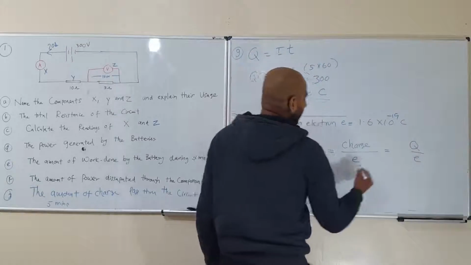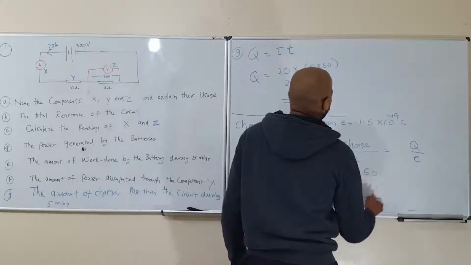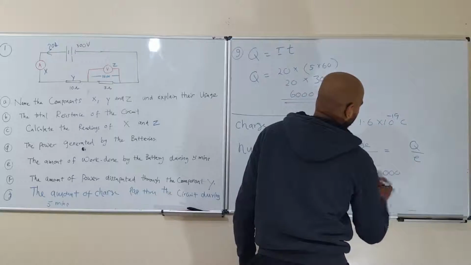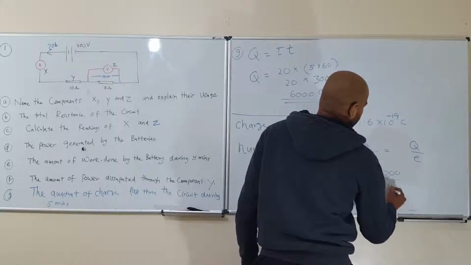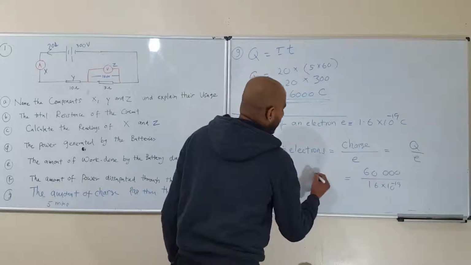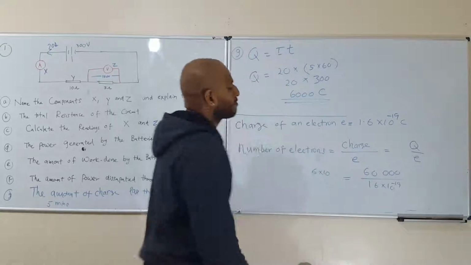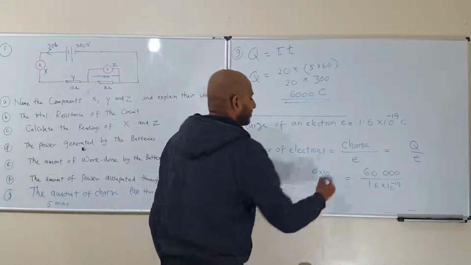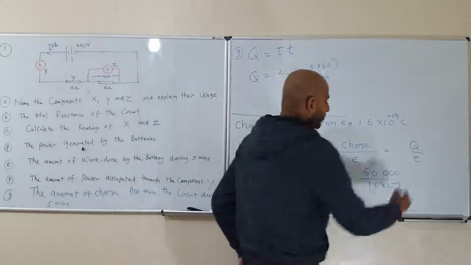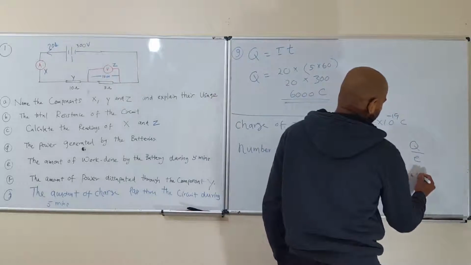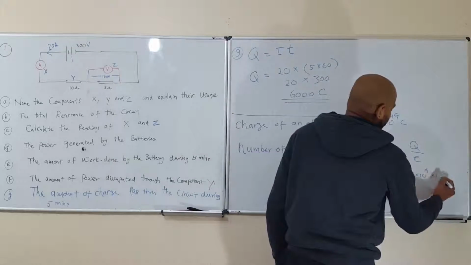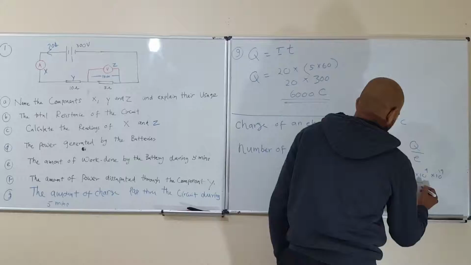So we have 6,000 divided by 1.6 times 10 to the minus 19. You can write this as 6 times 10 to the 3 divided by 1.6, and 10 to the 19 comes to the top, giving 6 times 10 to the 22 divided by 1.6.